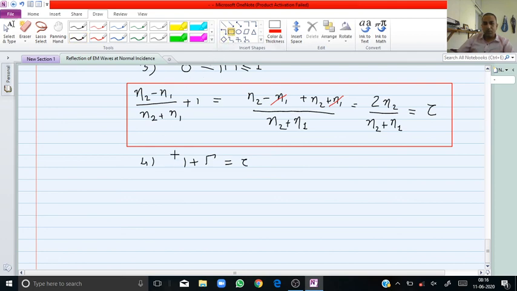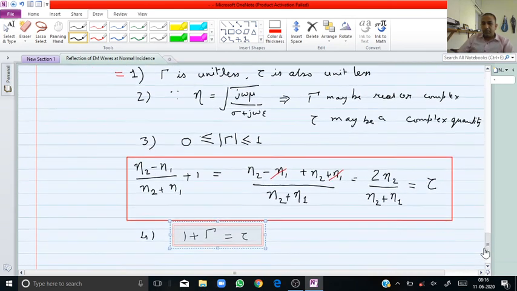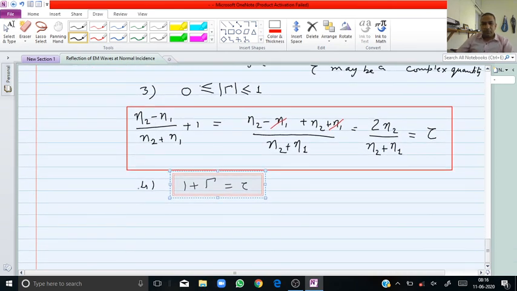So please note these formulas, these are very important here. Okay. I am highlighting the important part here. This part is very important.